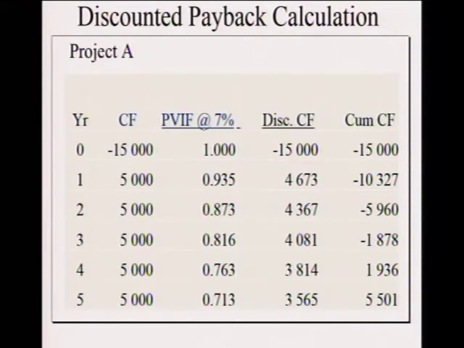Well, let's go back to project A. With project A, I'm just assuming that we have an inflation in the country of 7%. That inflation of 7% is what we're trying to factor in our calculations of a discounted payback period.